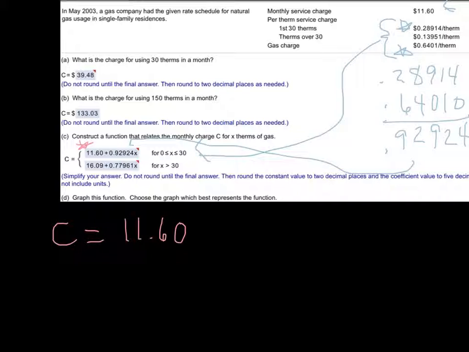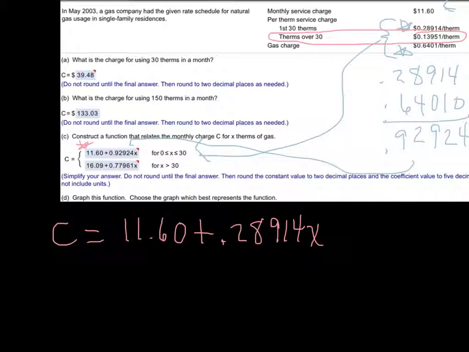But note, since our interval here is more than 30, we now have to include this second piece that's in between those two that we used initially, the therms over 30. This piece is important. So not only are we going to add the 0.28914x, I left the x off earlier when I added, but I think you guys got that part.